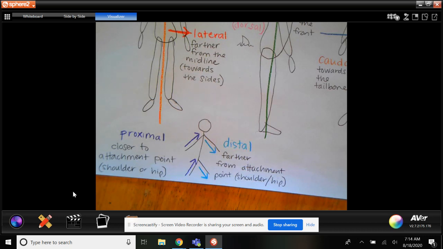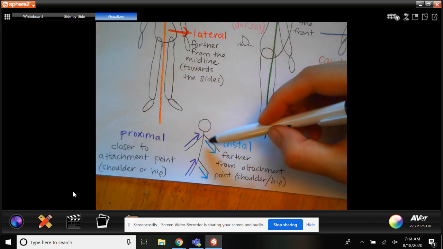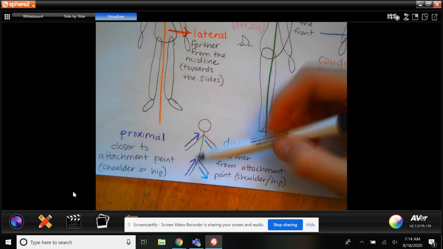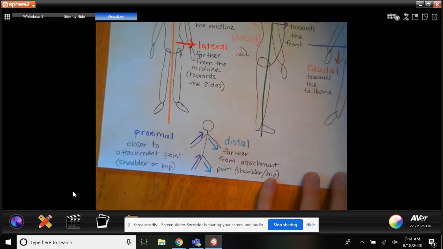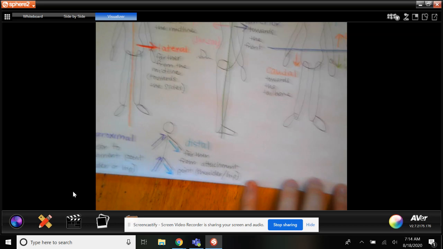Okay, so as you move down the arm towards your wrists or down the leg towards your ankles and toes, you're moving more distal, farther away. Okay. And then the very last one.